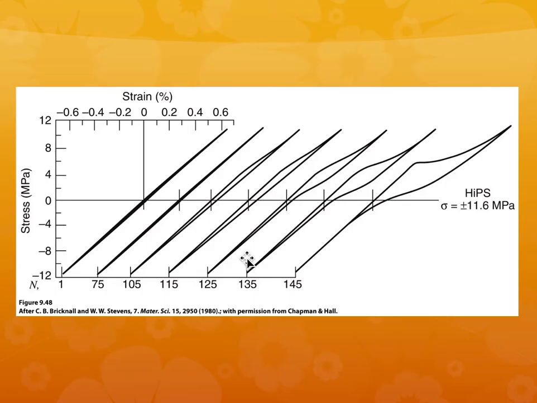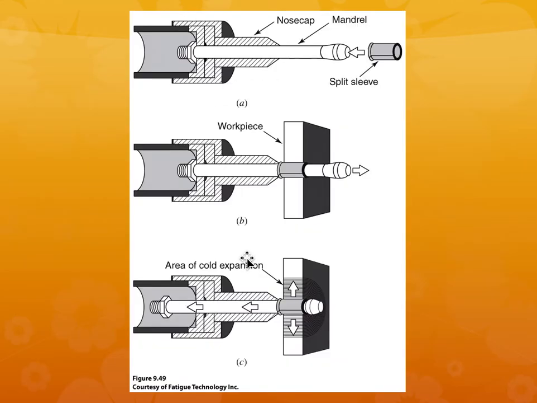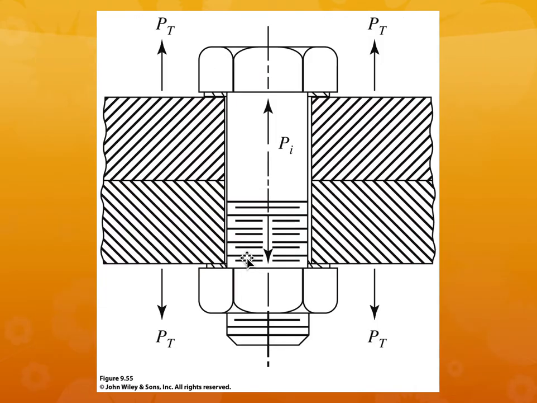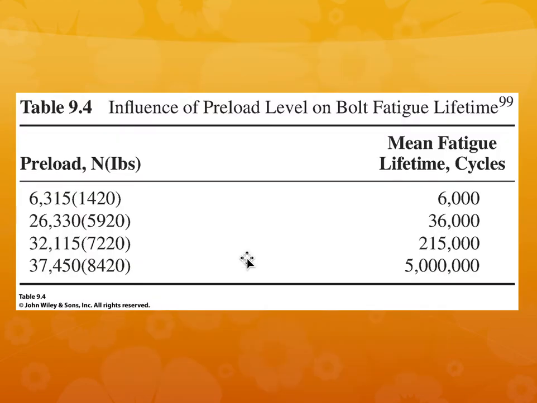So I think that's all I have. Here are some typical samples. One thing I want to show is this. If you pre-stress the bolt, you are applying some kind of compressive stress due to the preloading, and it can improve the mean fatigue lifetime.